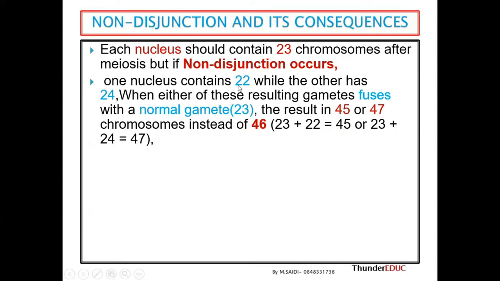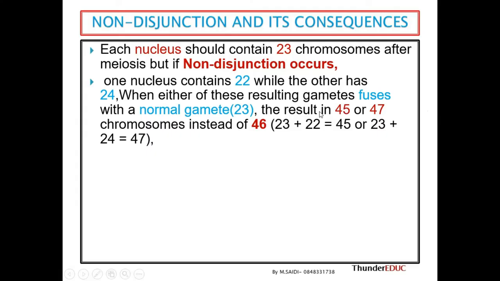It means that this one is a monosome, and this is a trisome. It is less of one chromosome. It has an extra chromosome. When either of these resulting gametes fuses with the normal gamete, which is 23, if this 24 fertilizes it, 24 and 23 is going to be 47. 22 and 23 is going to be 45.